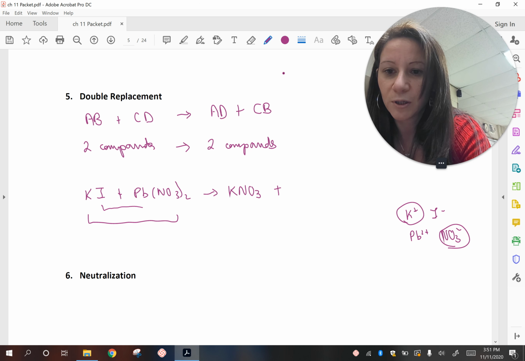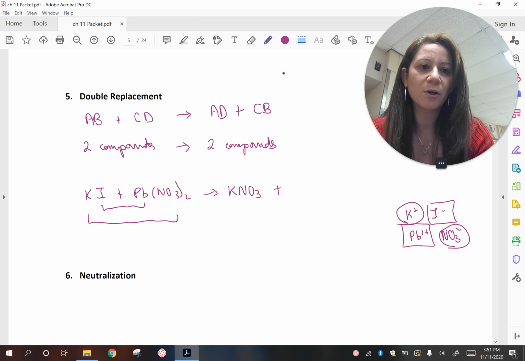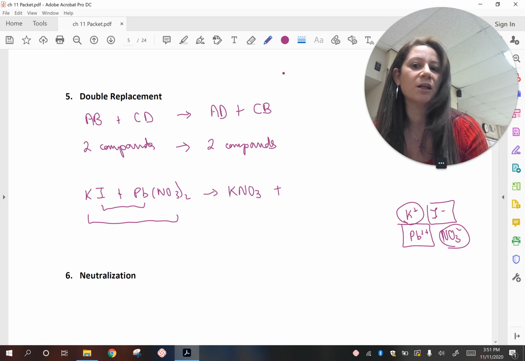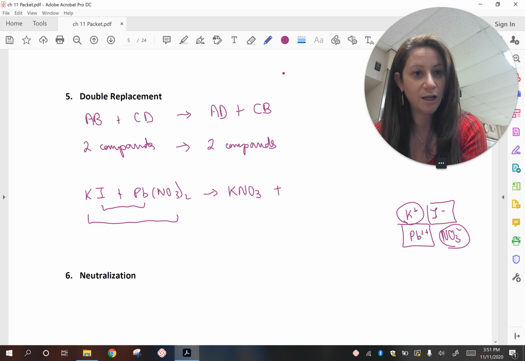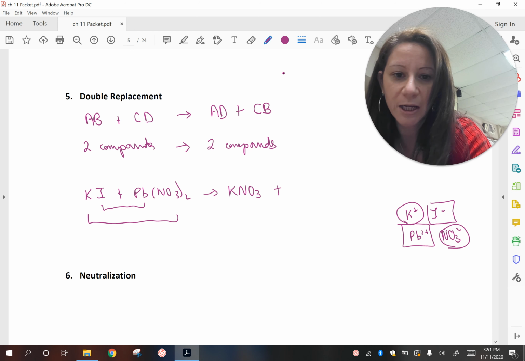Then the 2 middle ones go together, so the iodide and the lead. And remember that the metal goes first, and so the lead goes before the iodide, and that's why here I wrote CB as opposed to BC. So Pb2 plus and I minus, so your compound is going to be PbI2.